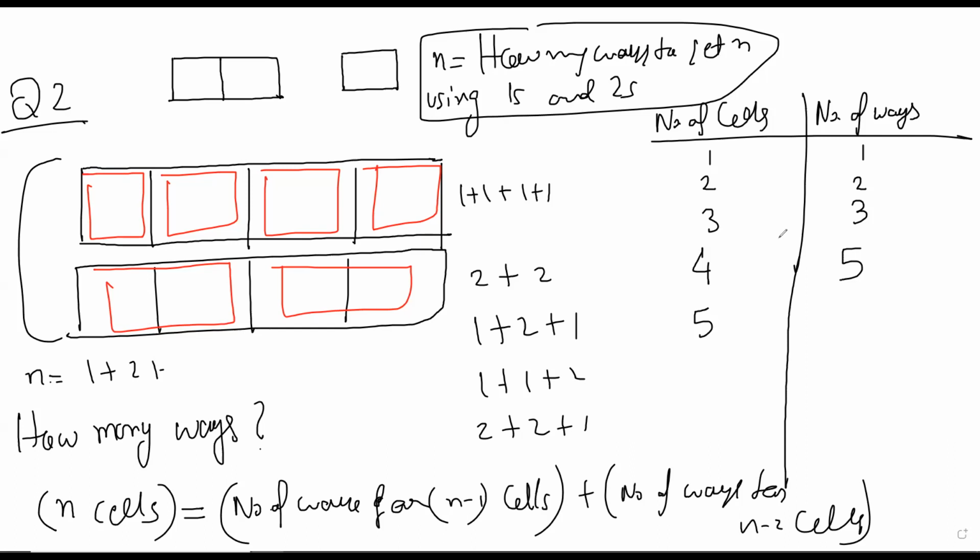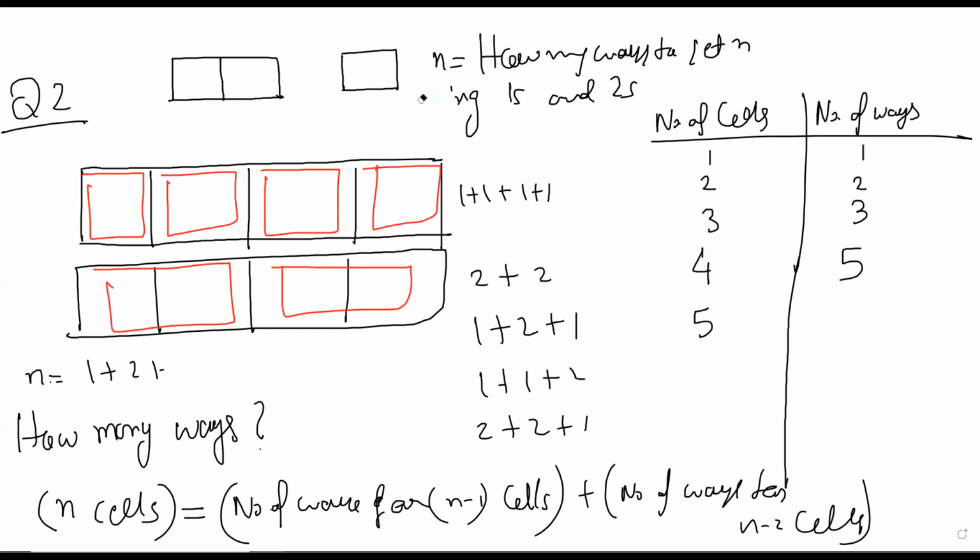We have two different questions, but we are seeing a similarity between them. As far as counting is concerned, they are the same. They grow in the same way. But still, I want you to explain this directly.